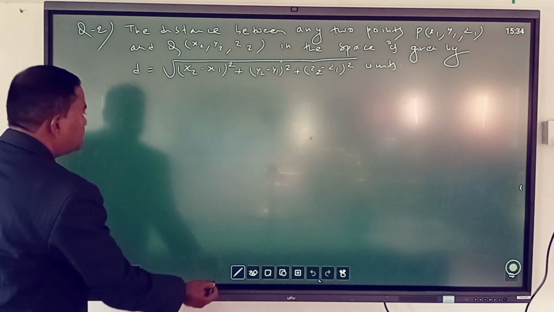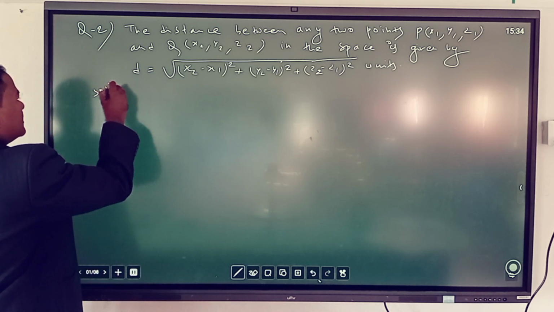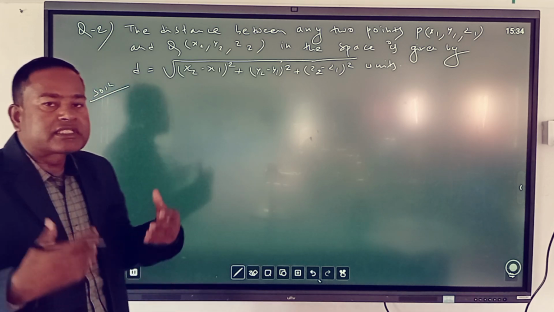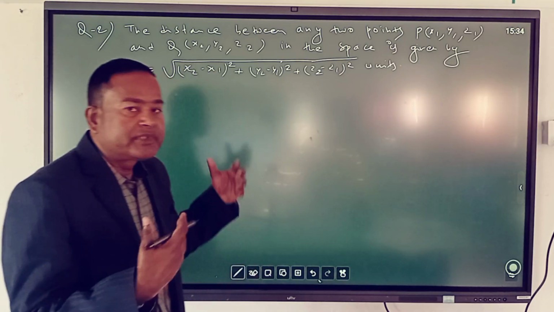Dear student, at first let us draw a diagram to prove this formula.